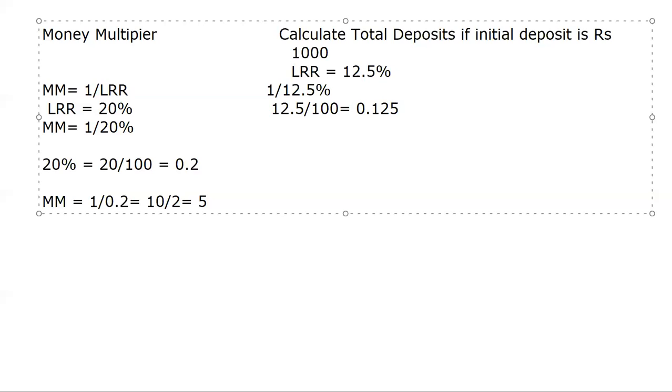Now we'll find the value of MM. So MM is equal to 1 upon LRR. LRR, now we have simplified, it would be equal to 0.125. So equal to 1 upon 0.125.